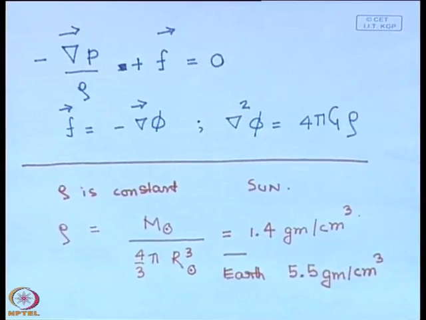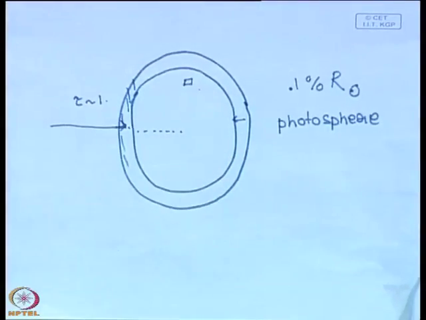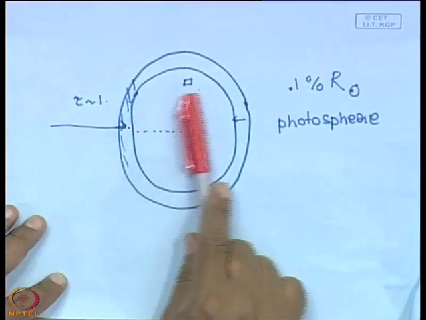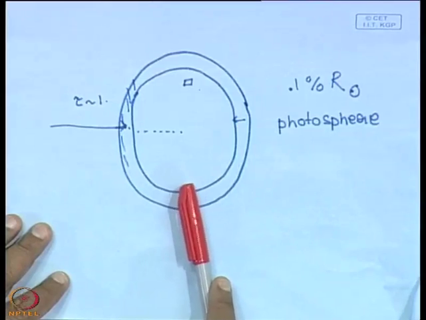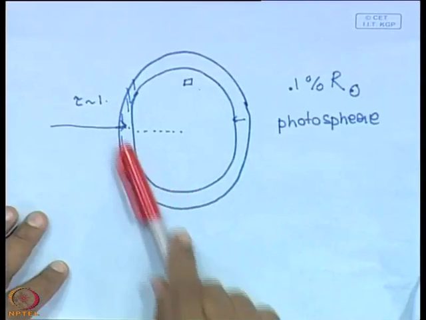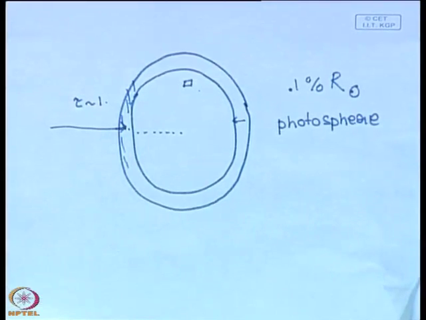The mean density of the sun is comparable to that of water, and you might naively think that this is some kind of a liquid, but it is not so. This is mainly made up of hydrogen, and the temperature and the density inside are sufficient to ionize the hydrogen. So, this is essentially a plasma, where you have the protons and the electrons free inside this.